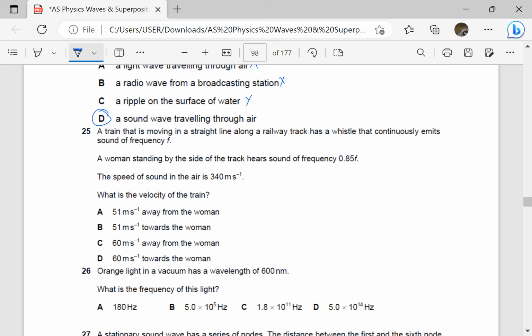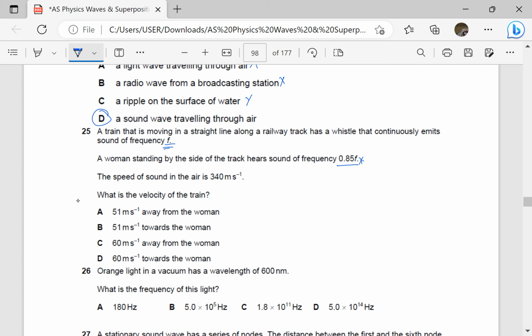A train that is moving in a straight line along a railway track has a whistle that continuously emits sound of frequency F. A woman standing by the side of the track hears sound of frequency 0.85 F. You notice that this observed frequency is less than the normal frequency of F, because 0.85 is less than 1.